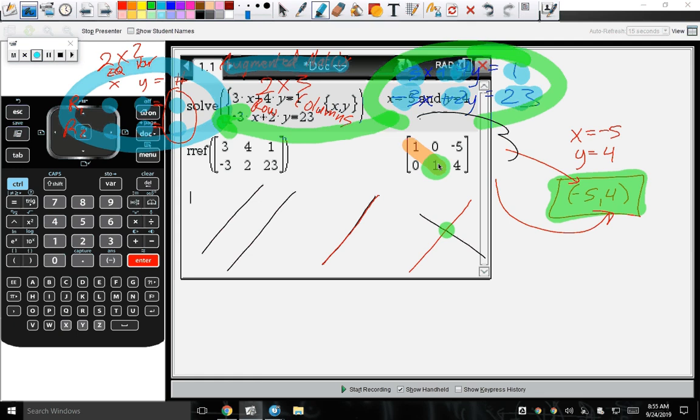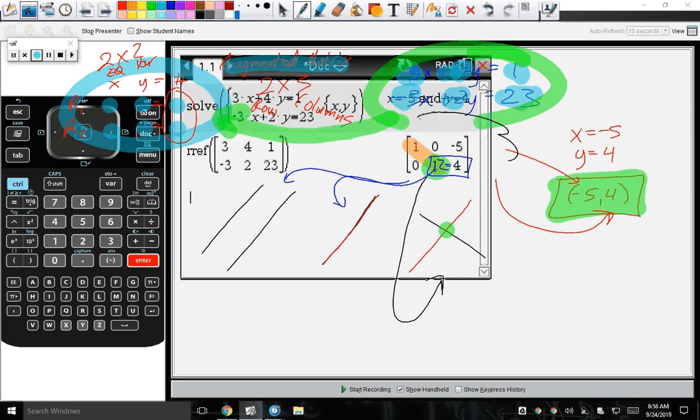Okay? If it's 1, then it's one solution. Okay? If it's something other than 1, like pick a number, any number, 12. Let's say it was 12. Then it's going to be either one of these. And the way you find out is you set a little equal sign between those last two bottom numbers.